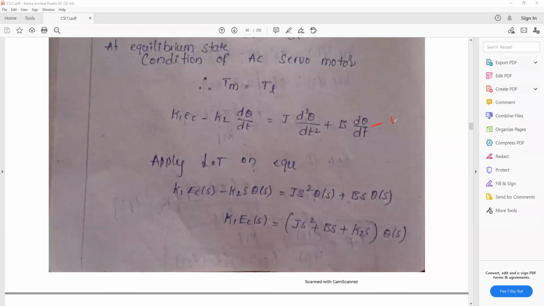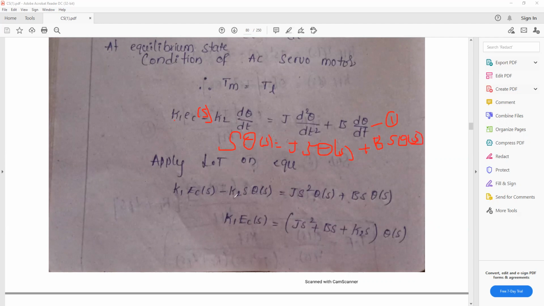K1 Ec(s), Laplace transform of Ec is Ec(s). So K1 Ec(s) minus K2, Laplace transform of d theta by dt is s into theta(s), is equal to J s square into theta(s) plus B into s into theta(s).